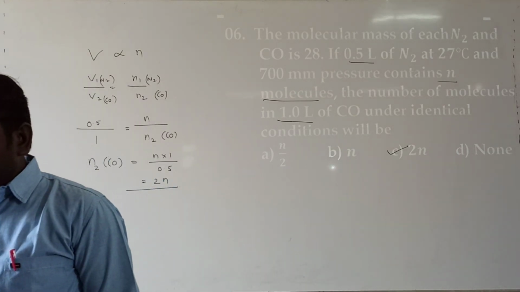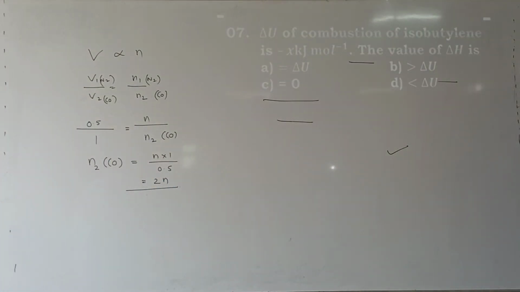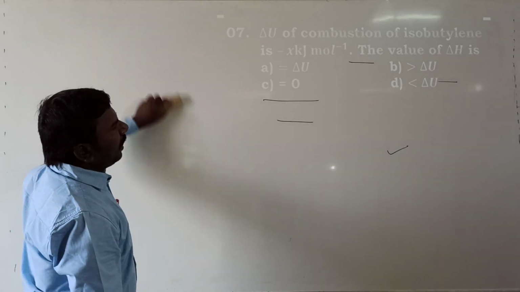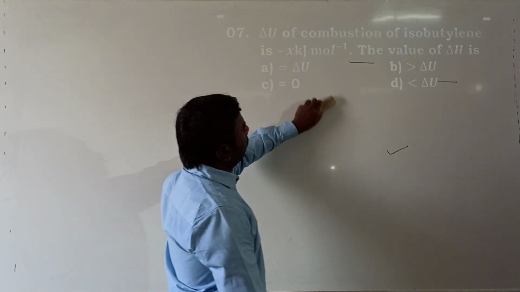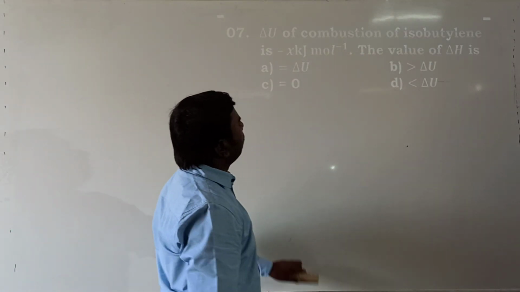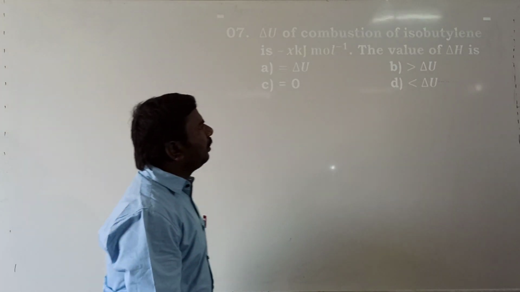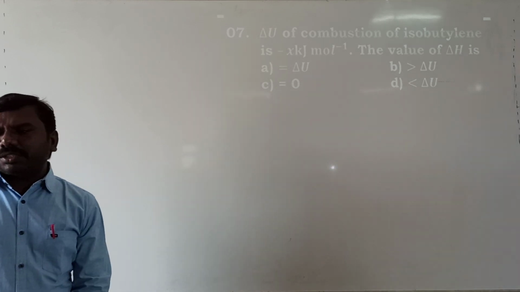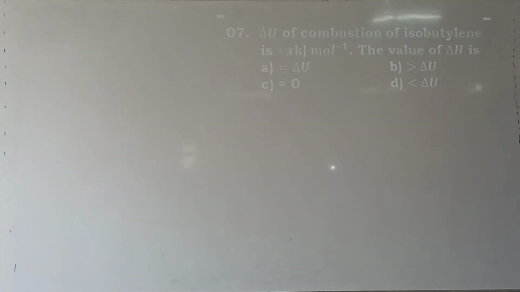Next, the 7th one: delta U of the combustion of isobutylene is -6. What is the value of delta H? The isobutylene combustion reaction is required. You have to follow that.